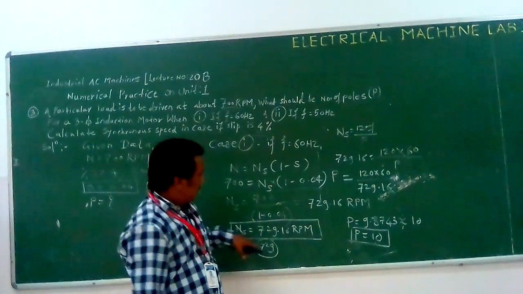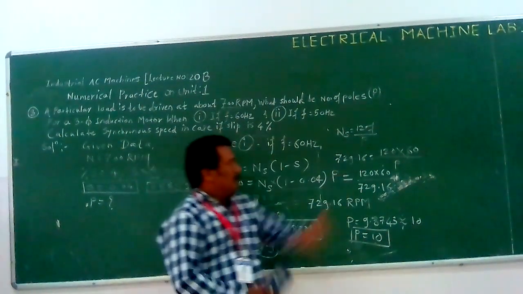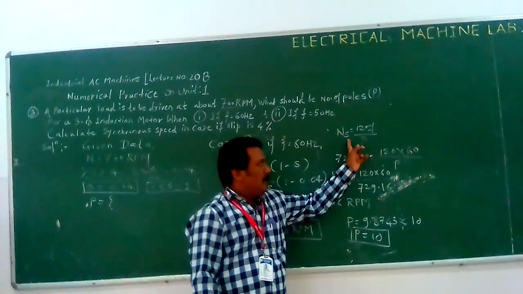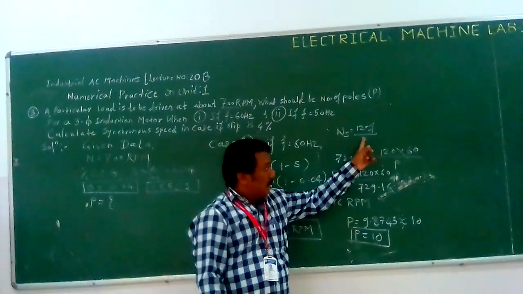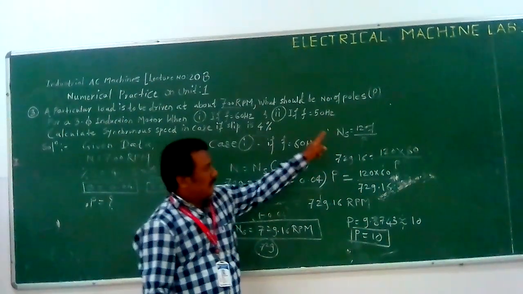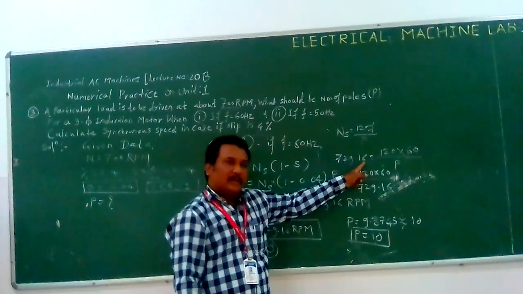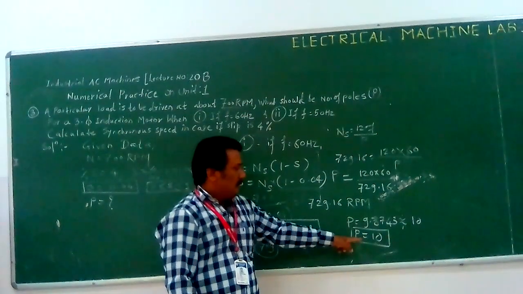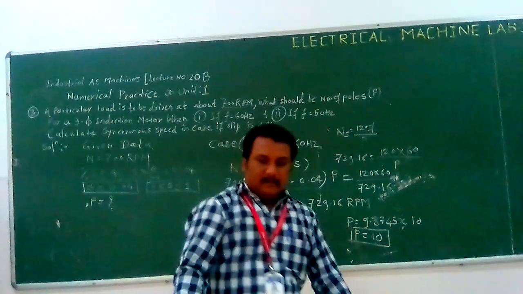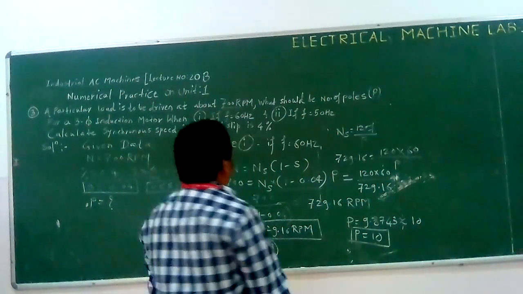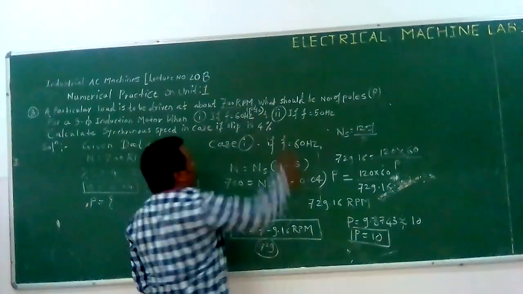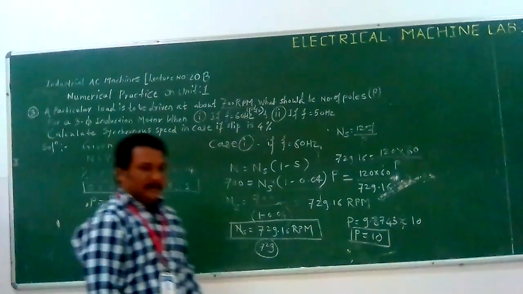By using the synchronous speed formula, putting the values of frequency 60 and Ns 729.16, we calculate the number of machine poles and it is 10. So here P is equal to 10 and Ns is 729.